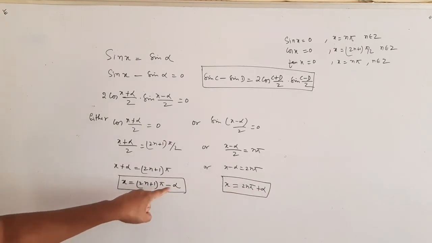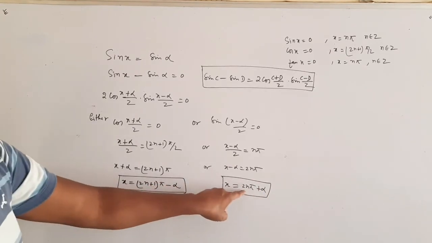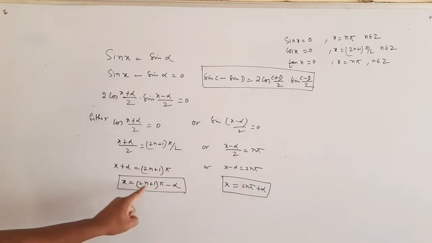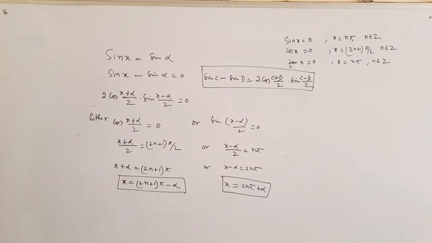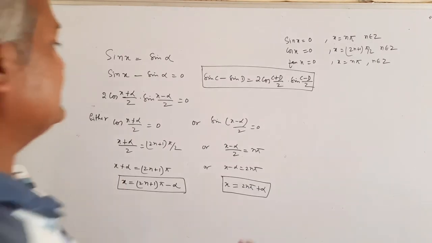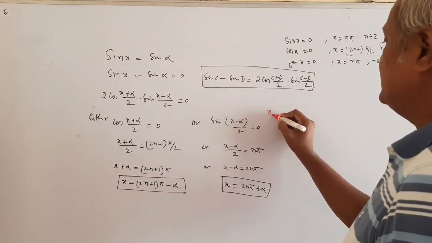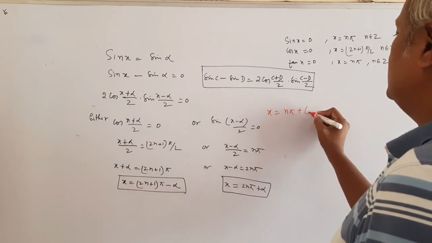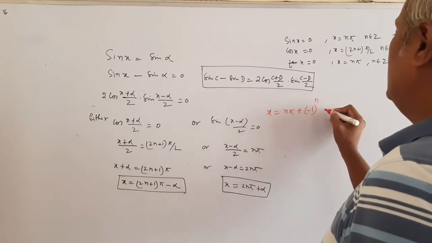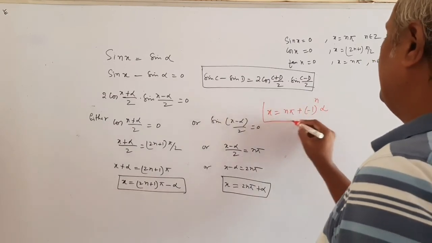So when it is odd, the alpha is negative, when it is even, alpha is positive, and all these are multiples of pi. So just combining these two, one relation was derived, and that is written as x is n pi plus minus 1 whole to the power n alpha.